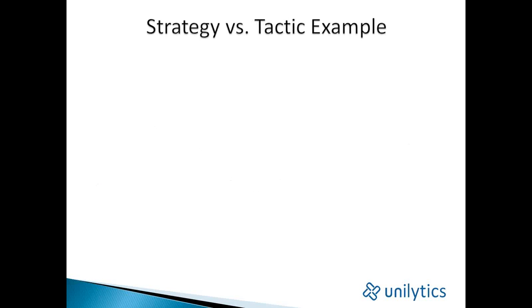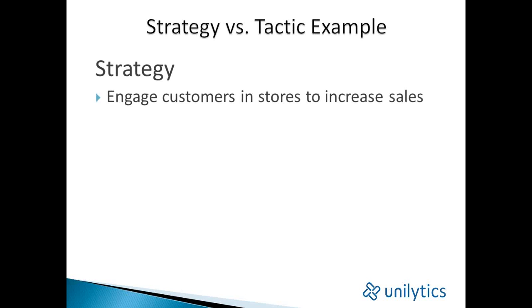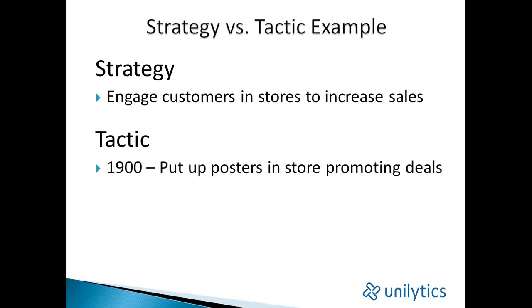So as an example, because a lot of people find it confusing to look at strategy and tactic, the strategy of an organization, let's say of a store, might be to engage customers in the stores to increase sales. The tactic in the year 1900 might have been to put up posters in the store promoting various deals.